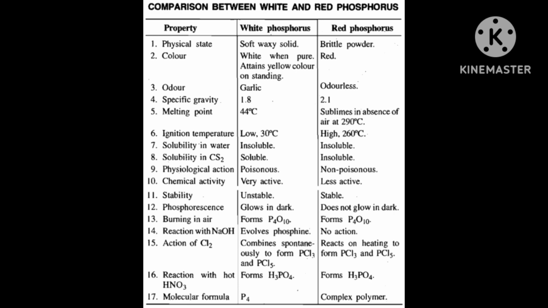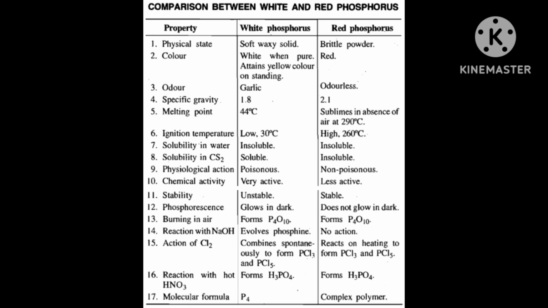Now I will tell you the balanced equation. Ca3P2, this is calcium phosphide, plus 6H2O gives 3Ca(OH)2 plus 2PH3.